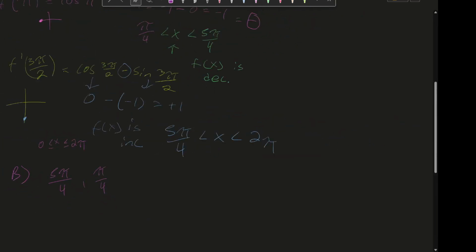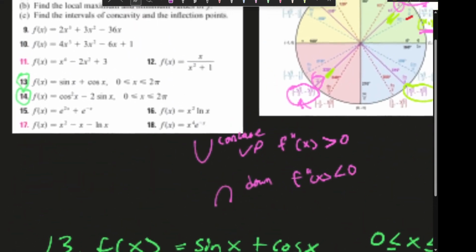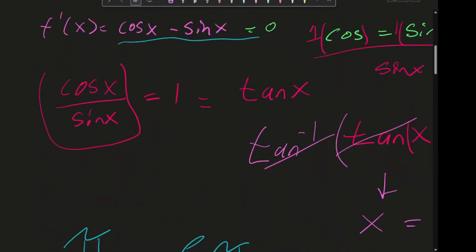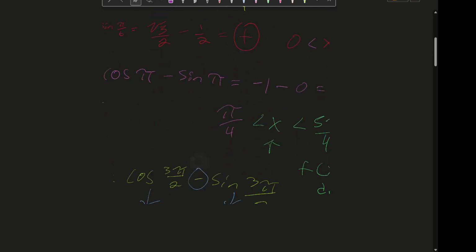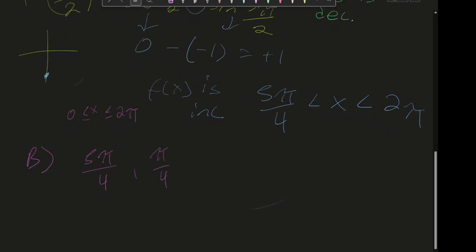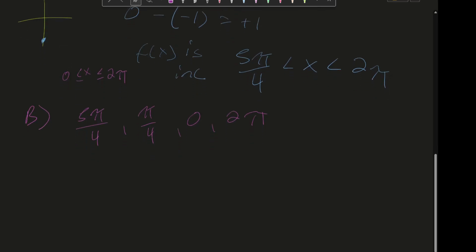Was it including 0 and 2 pi? Let's see. That makes a lot of difference. Yes, it is including 0 and 2 pi. So when it's including your endpoints, then you're going to want to add those to your list of critical points. So we're going to test 0 and 2 pi also, because the interval includes those.